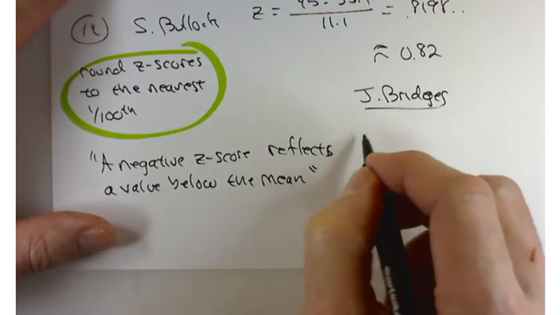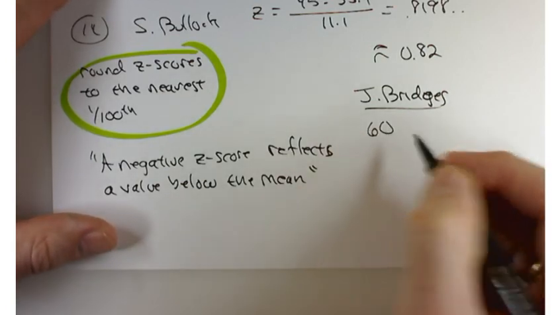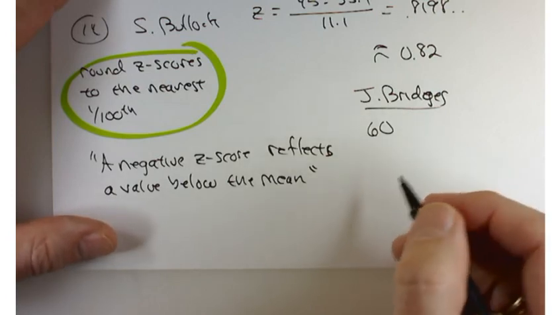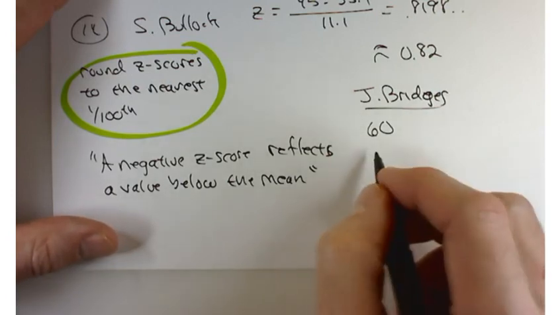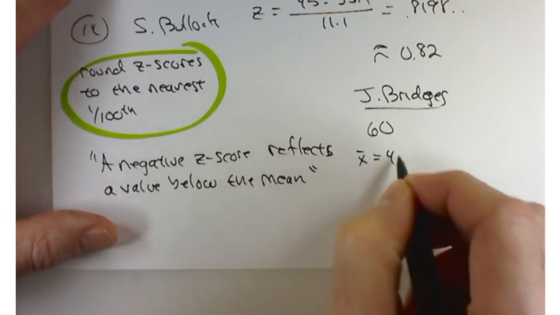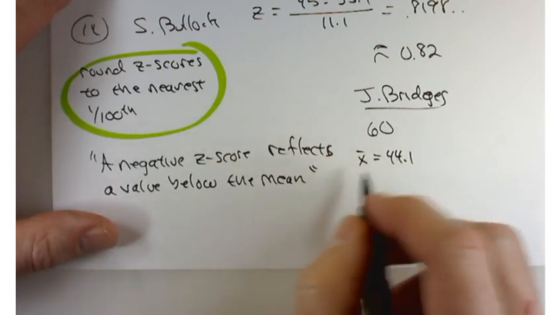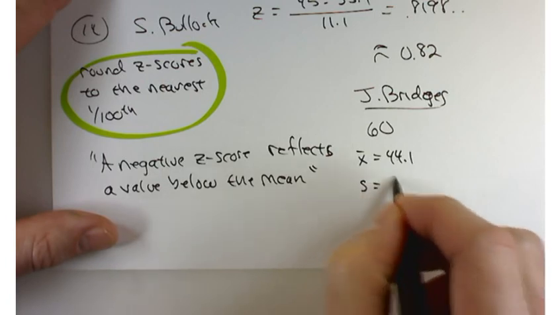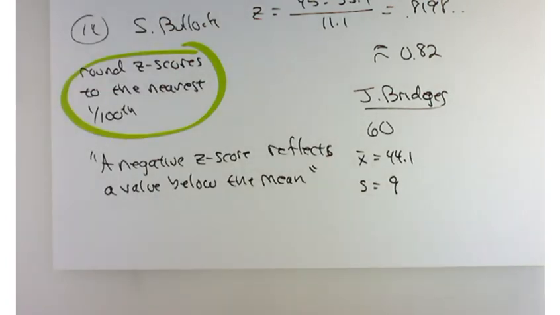Jeff was 60 years old when he won the Best Actor Award. The average age for men, X bar, would be 44.1, and the standard deviation there is 9. So why don't you see if you can't put that together to calculate the z-score.